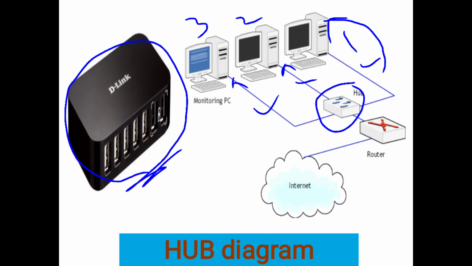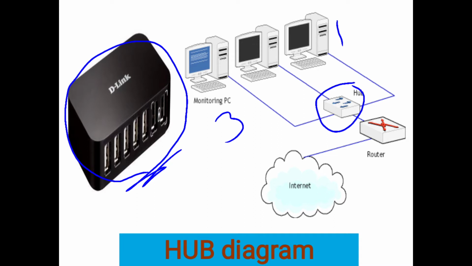But connecting the computers in the local area network is not the only role of the hub; there is one more role. When the computers are passing signals, of course there is a purpose for connecting them. We assume that PC number 1 is transmitting some data to PC number 3.